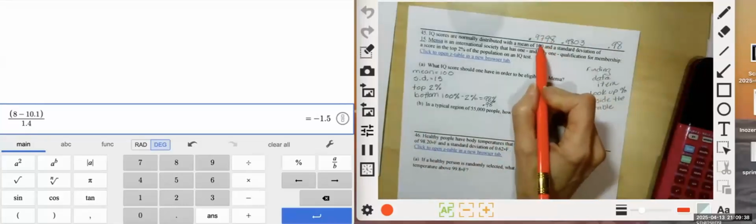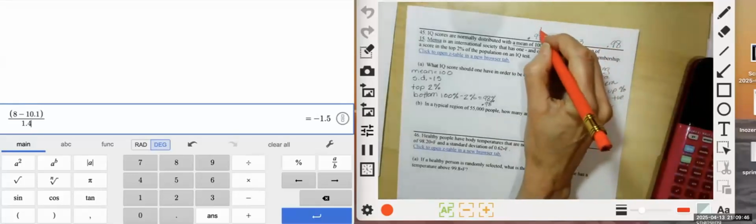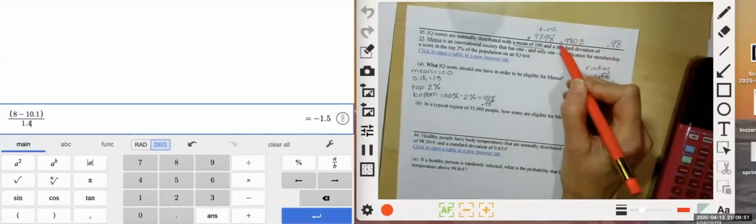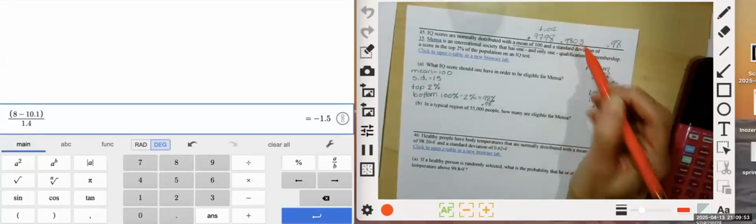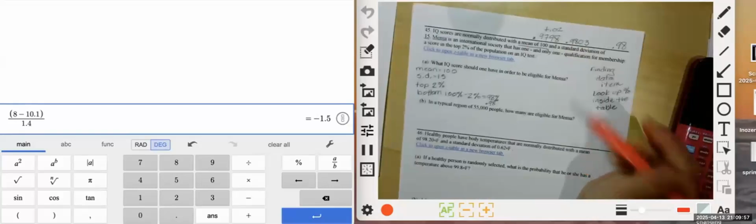What do I have to add to this one to get to 0.98? 0.02? Okay. What do I have to subtract from this one? Because this one's above. 0.03?